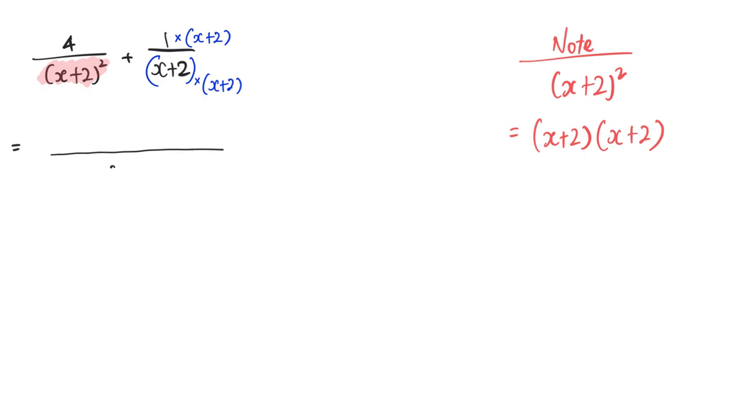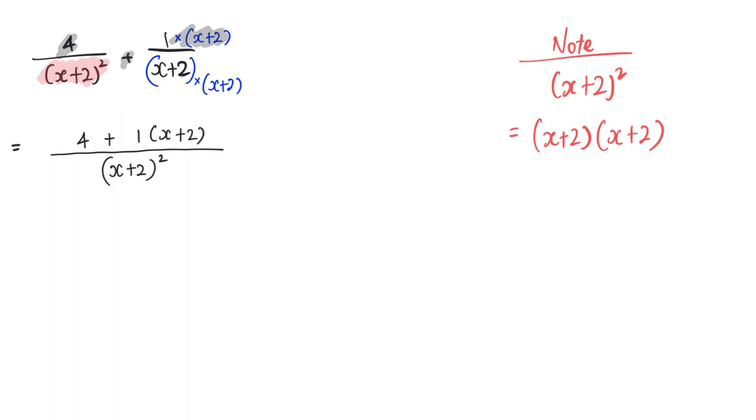I would be able to get my common denominator, x plus 2 bracket square. And I will have my 4 plus my 1 times x plus 2.